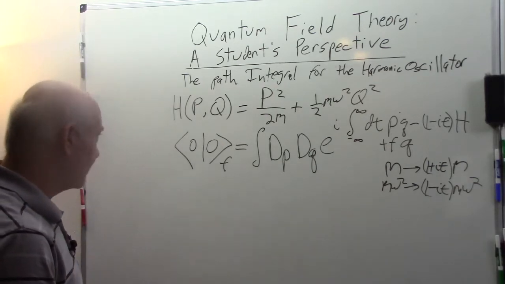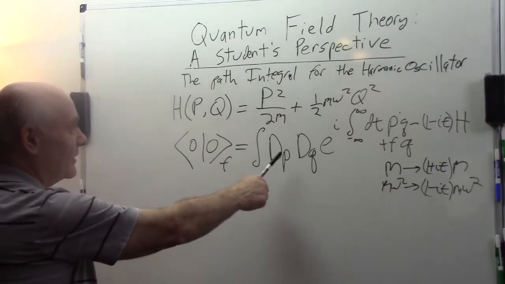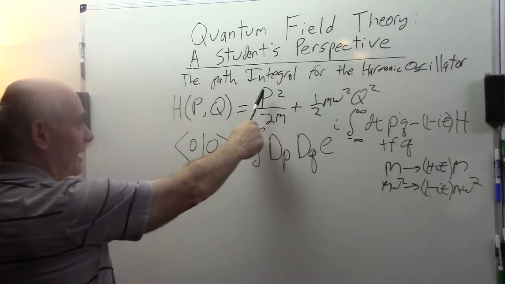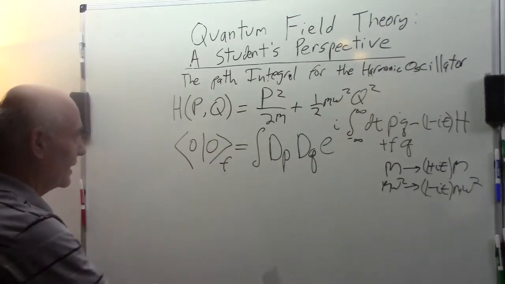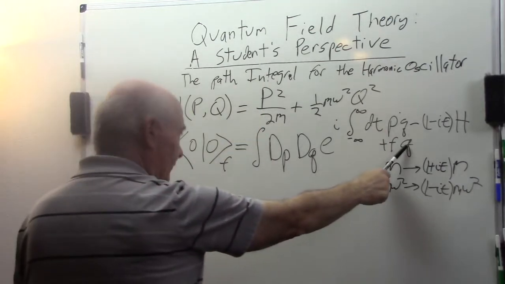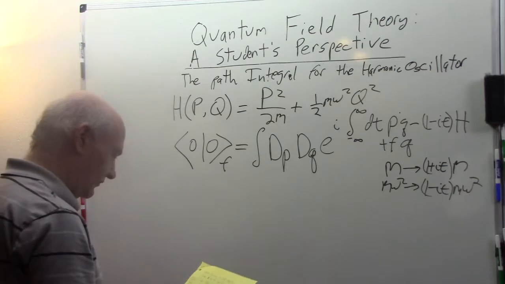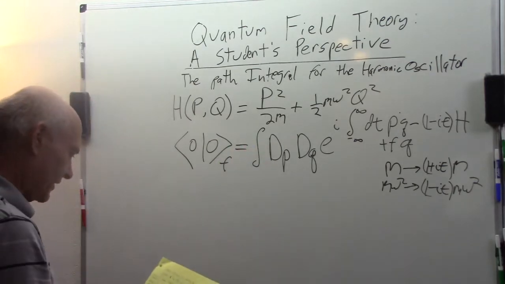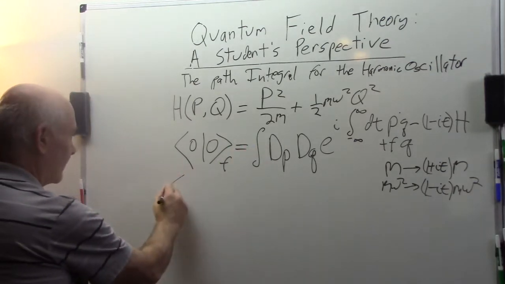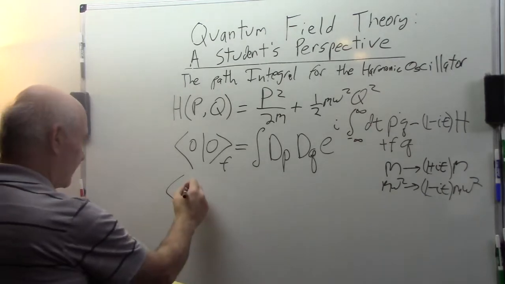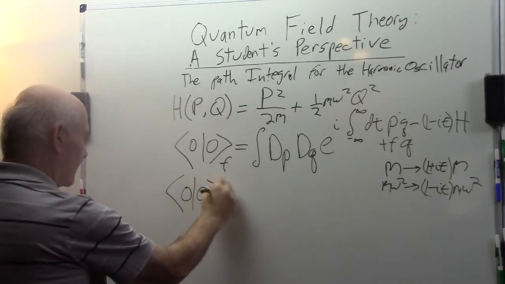We'll worry about it later. Now, because the path integral is quadratic, H is quadratic in p, and the forcing term only involves q in this situation, we can integrate out the momentum degrees of freedom, and we'll get the original Feynman Lagrangian formulation of the path integral.